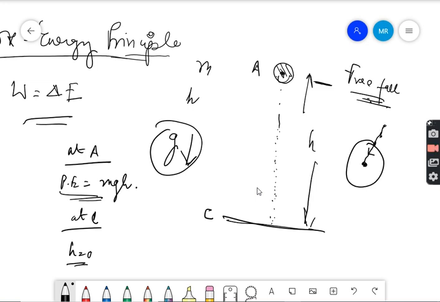So at the time of hitting the ground, the energy will be entirely kinetic. It is kinetic energy, which is half mv square, where v is the velocity with which the ball hits the ground.